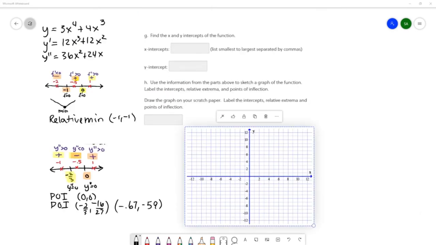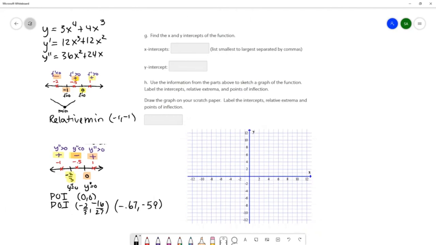So we're going to continue with another couple parts on this function. We want to find both the x and y intercepts, and then we want to use the information that we have on the previous parts to draw a sketch of the graph. And so that's why you see on the left here where I've taken a summary of what we've done before. We built this chart related to the first derivative.